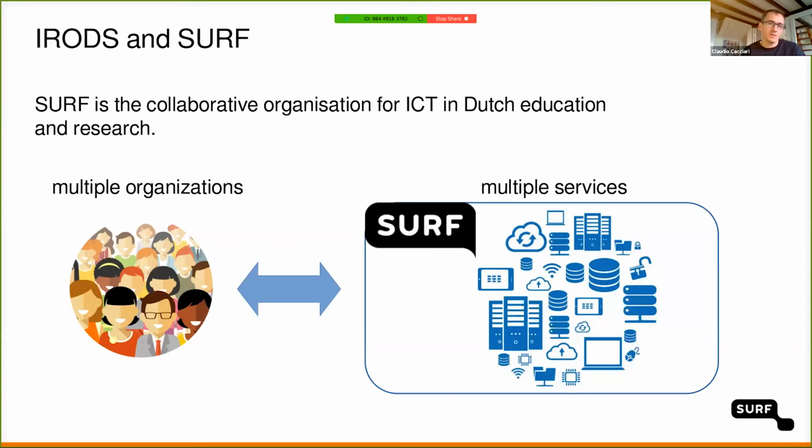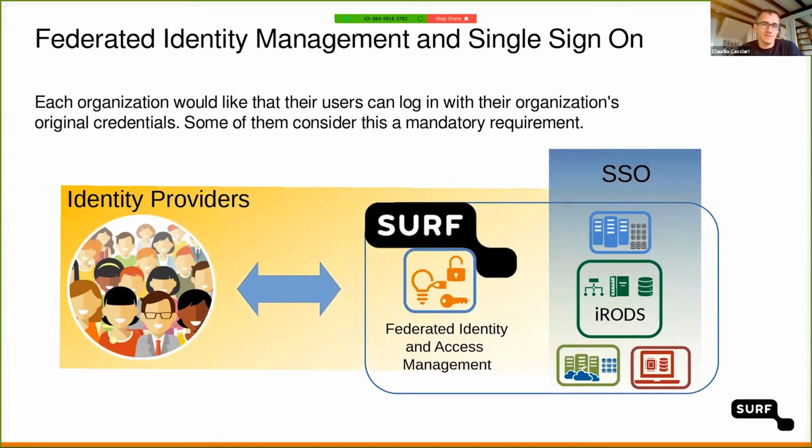In particular, among the multiple services, there is a service based on iRODS, used by different organizations. And one key aspect, of course, of using multiple services from multiple organizations is security and authentication.